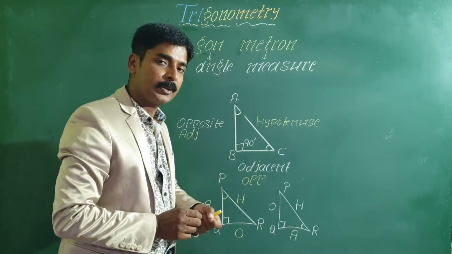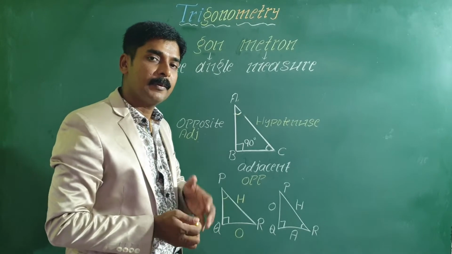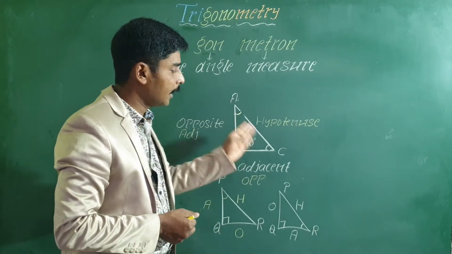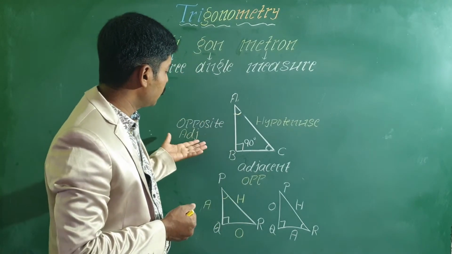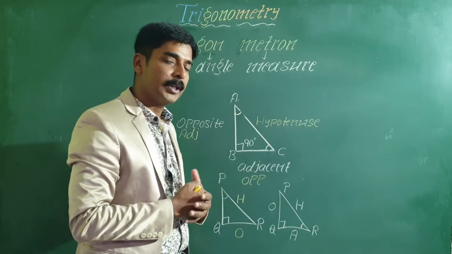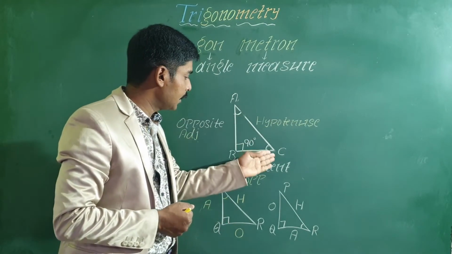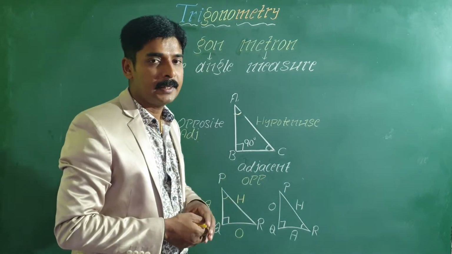Since trigonometry is applicable for a right angle triangle, whenever we solve problems related to trigonometry, we will come across a right angle triangle and we talk with respect to opposite side, adjacent side and hypotenuse. So it is very important for you to know how to decide the hypotenuse, adjacent and the opposite side of a right angle triangle.